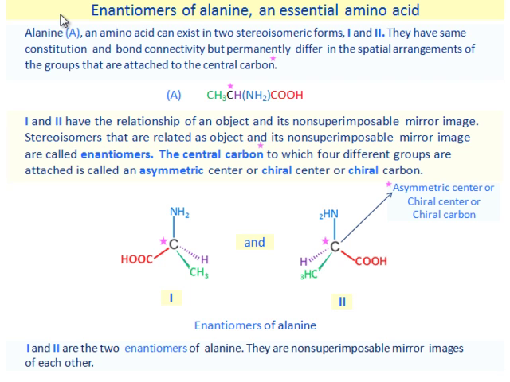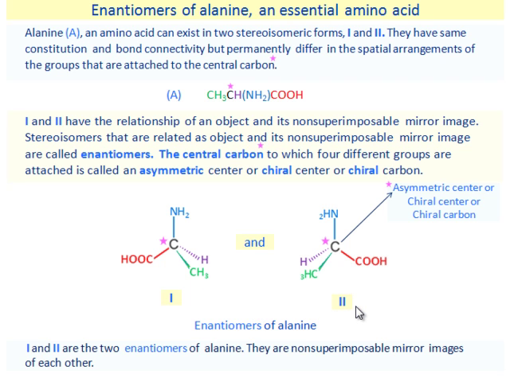Enantiomers of alanine, an essential amino acid. Alanine, an amino acid, can exist in 2 stereoisomeric forms, 1 and 2.